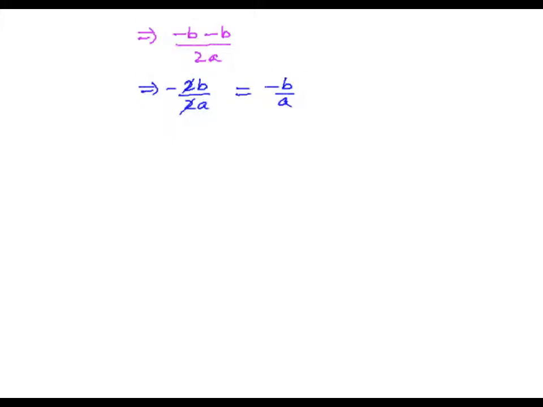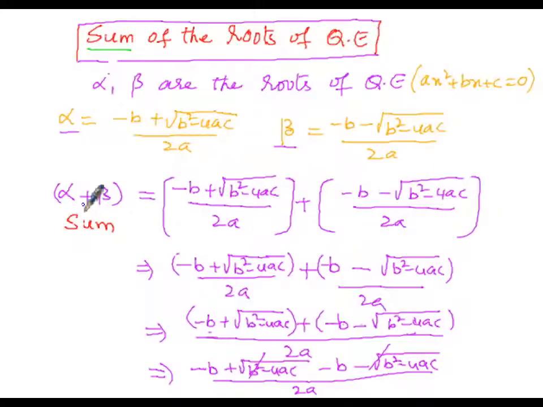But here minus b by a is nothing but the sum, that is alpha plus beta, the sum of the roots of the quadratic equation.